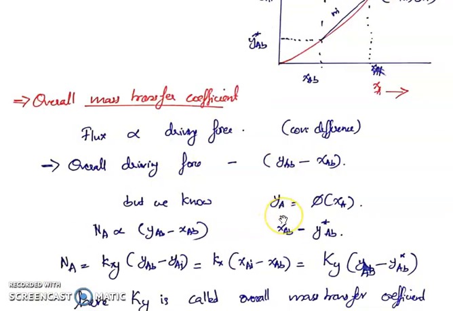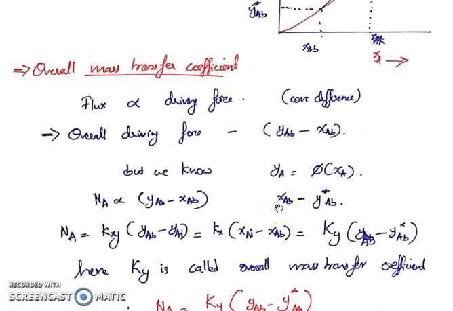And we know the liquid phase mole fraction is a function of the gas phase mole fraction. So I can replace this XAB with a term known as Y star AB. From this relation, I can write the corresponding Y star AB. So I'm going to express concentration in terms of Y star AB.